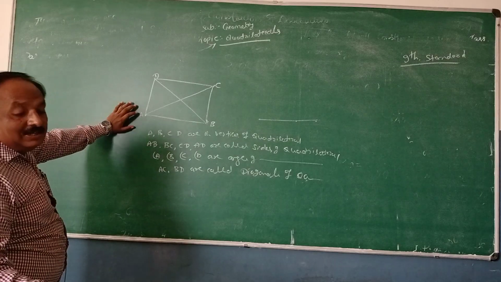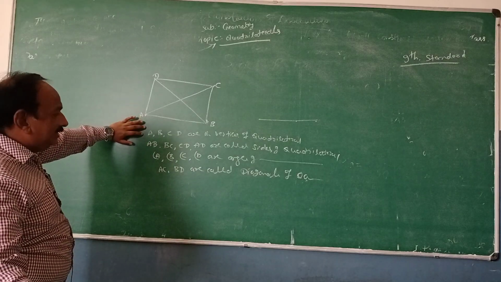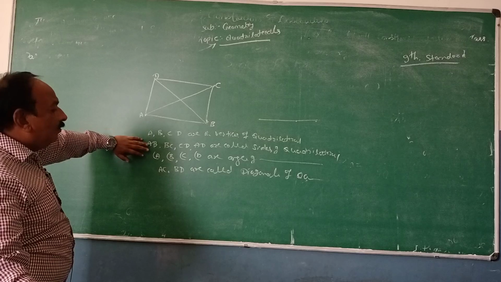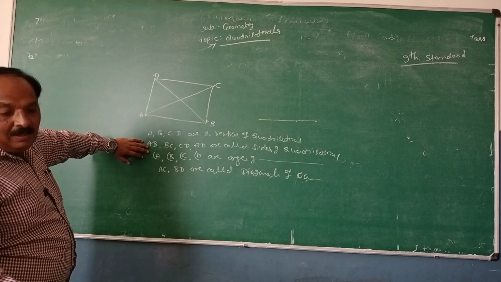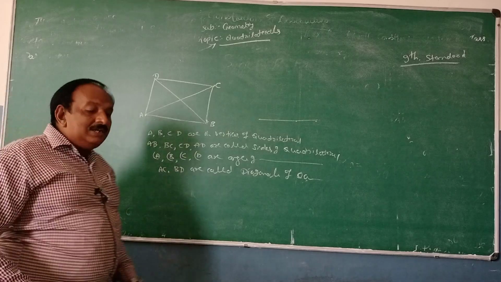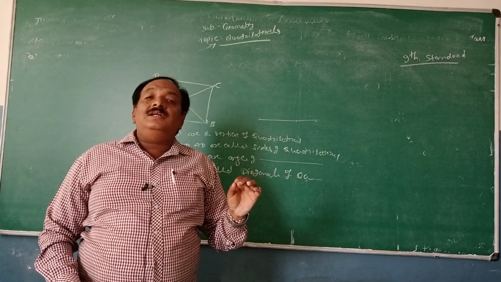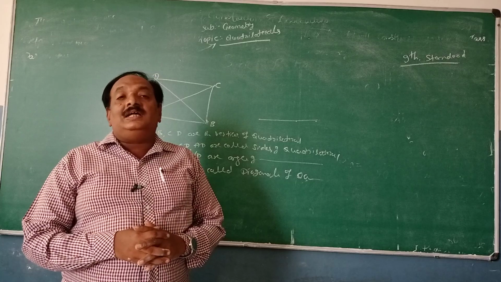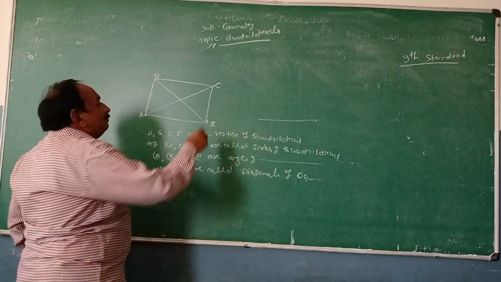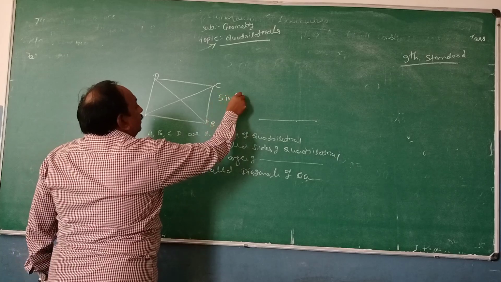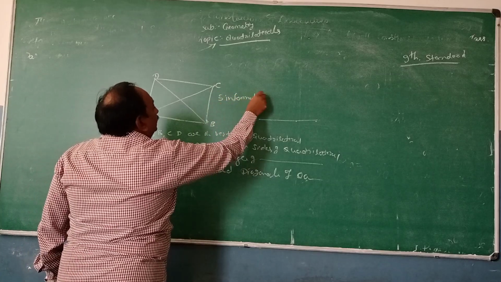So, a quadrilateral contains 4 vertices, 4 sides, 4 angles and 2 diagonals. In our 8th standard, in order to construct a quadrilateral, we need how many pieces of information? We need 5 pieces of information to construct a quadrilateral. Note this down once again.